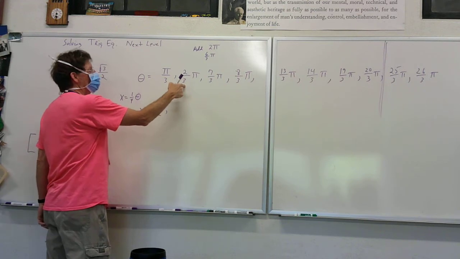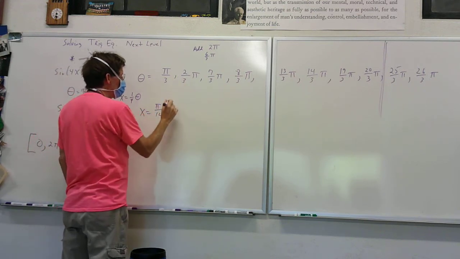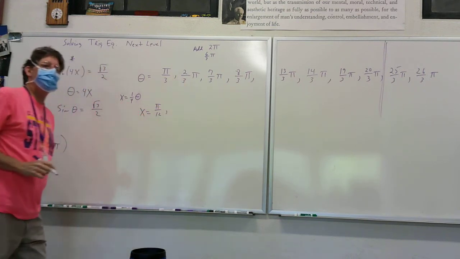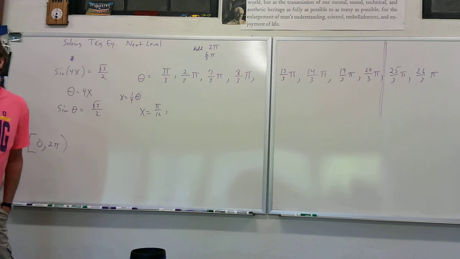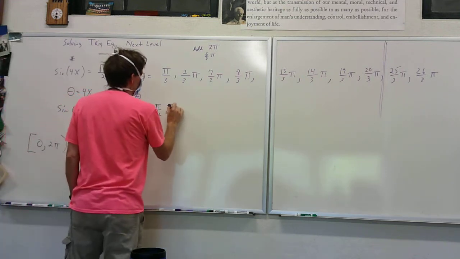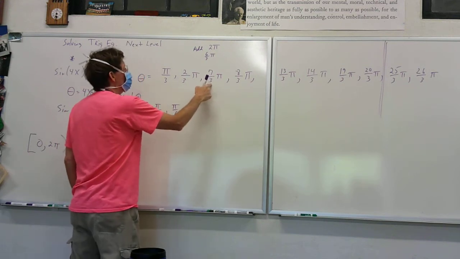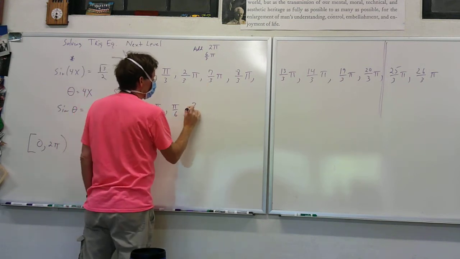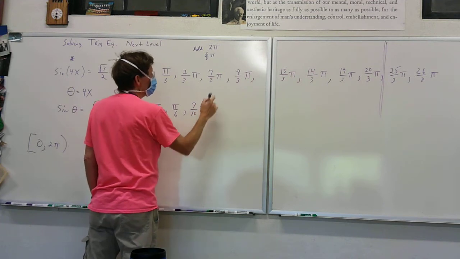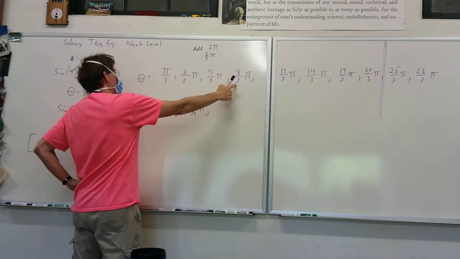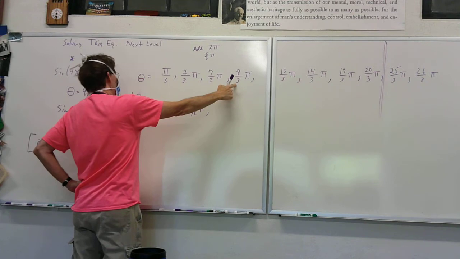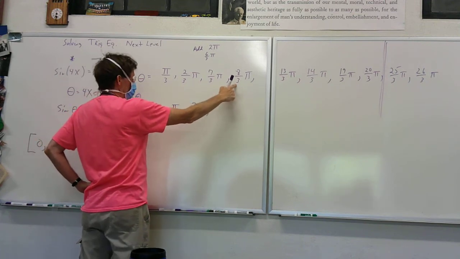Multiply that by 1/4, you're going to get 2 over 12. But what does 2 over 12 reduce to? 1/6. Then you're going to multiply that by 1/4. That's going to give you 7 over 12. Multiply that by 1/4. It's going to give you 2/3 pi.